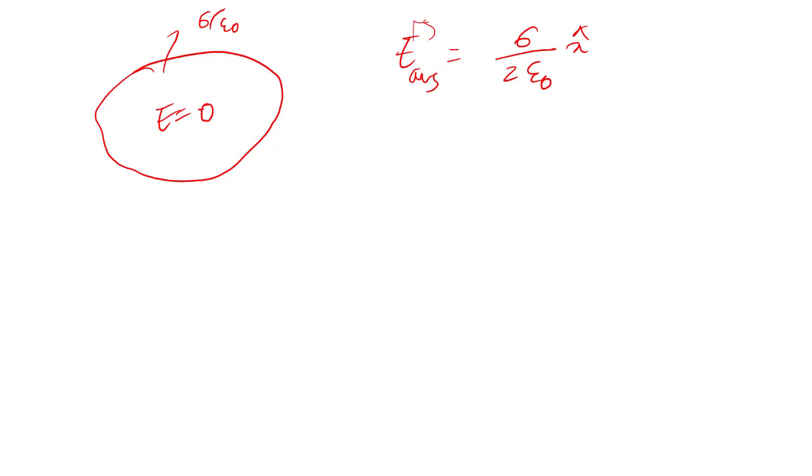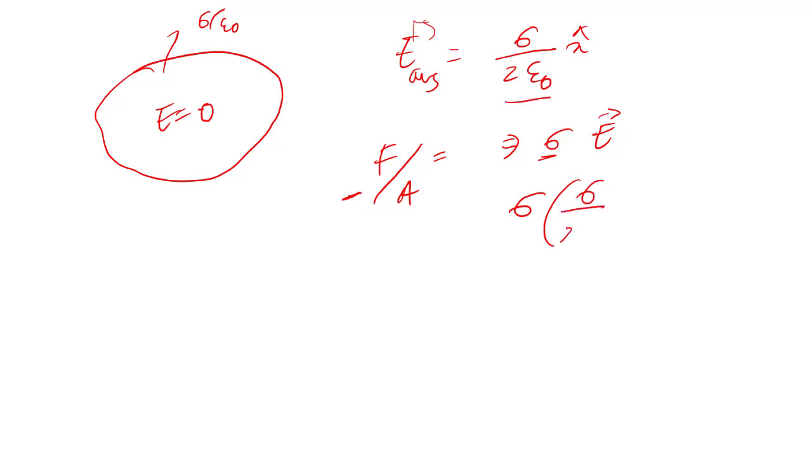Then we can write the force per unit area, which gives rise to the pressure. It would be the charge itself times the electric field. This is charge per unit area, that's why we are getting force per unit area. So that would be sigma times sigma by 2 epsilon naught.